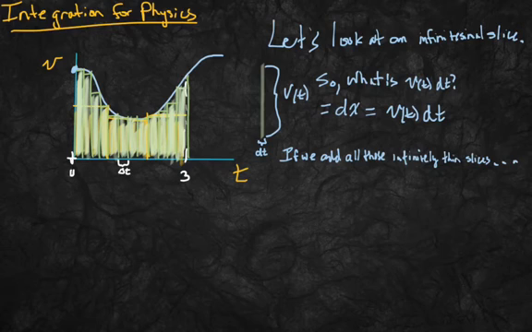Okay. If we add all of these infinitely thin slices together, we are going to get, mind you, one of the coolest functions. Adding all of these means sum, and there's a cool mnemonic for this.